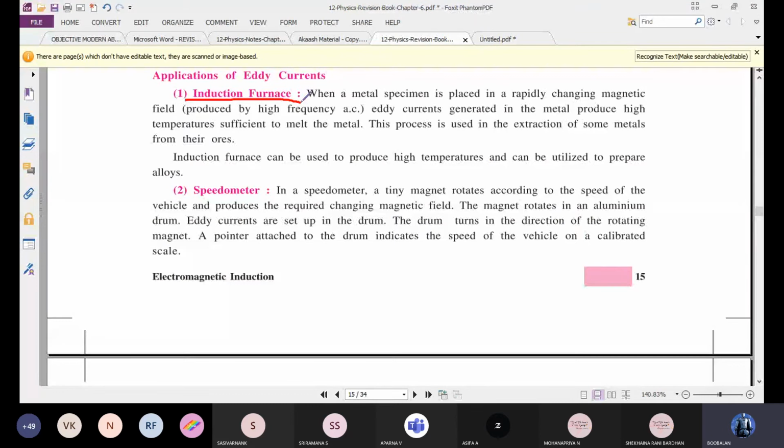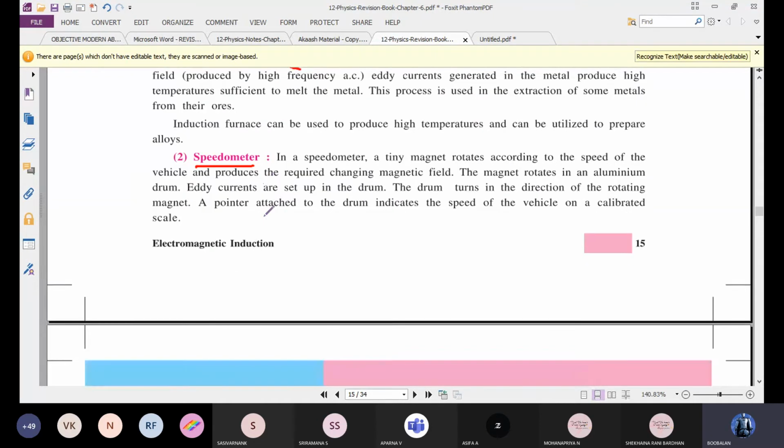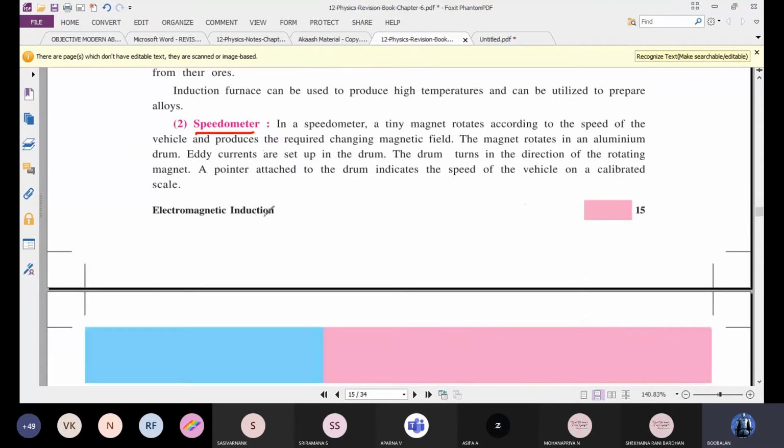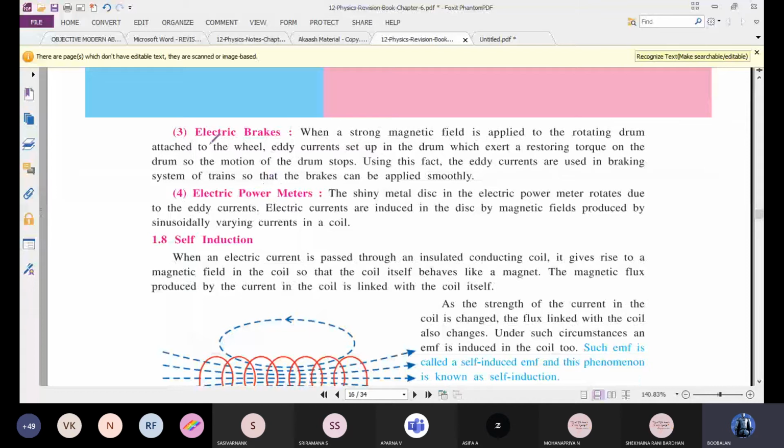The applications of eddy current, please note it. Next one, electric brake, electric power meters. Fifth one, electromagnetic damping, that is a galvanometer.